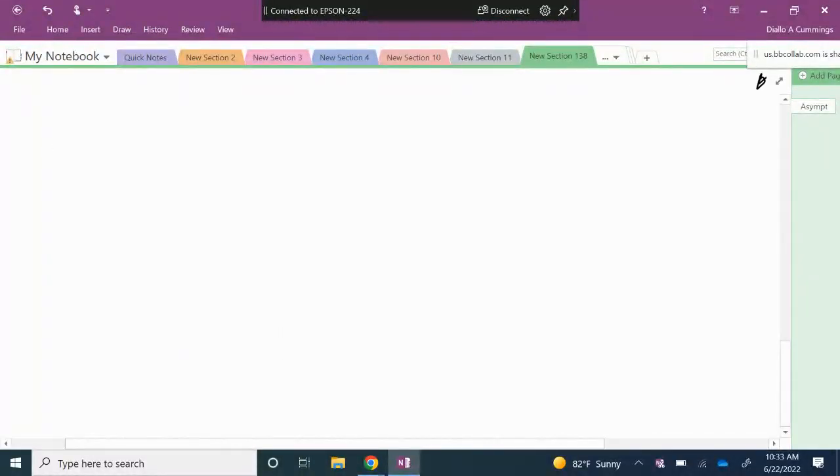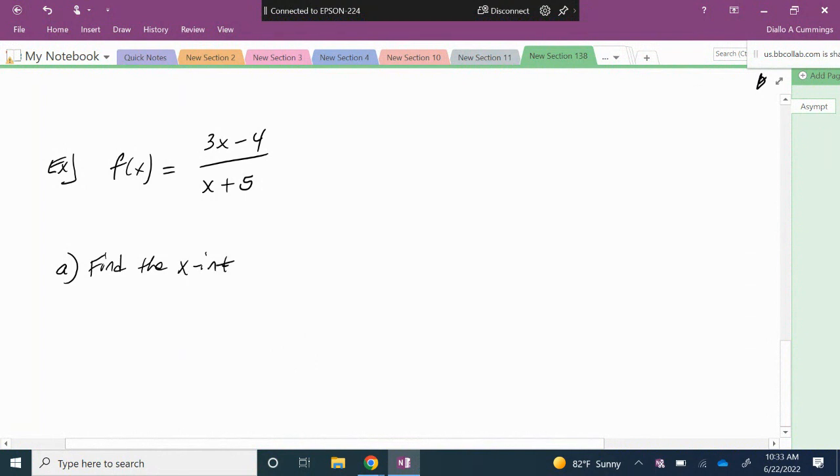So I believe this is similar to number 1. We're given that f of x is equal to (3x minus 4) divided by (x plus 5). And the first thing we're going to do is find the x-intercept.